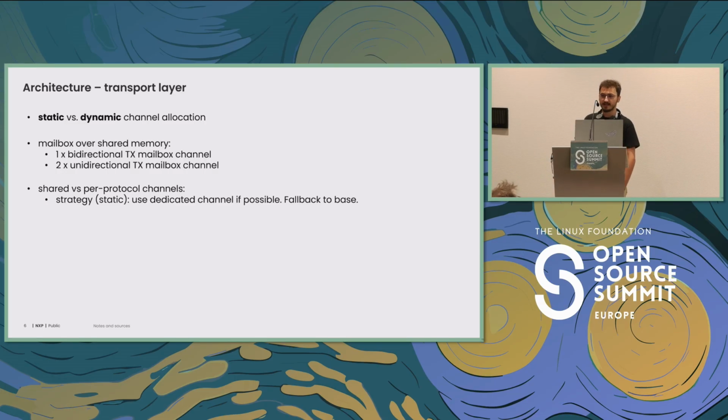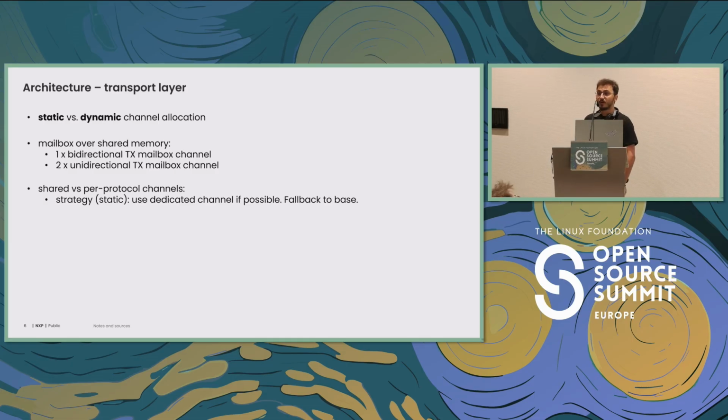We have the static allocation, which is done at build time, and the dynamic channel allocation, which is performed at runtime. As for the transport drivers, we support mailbox over shared memory with two possible configurations. One being with one bidirectional transmit mailbox channel, and the other being with two unidirectional transmit mailbox channels.